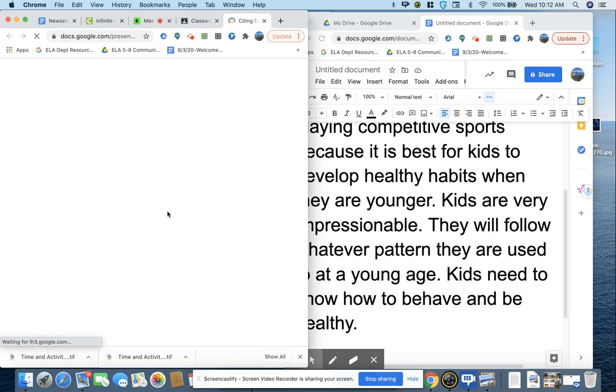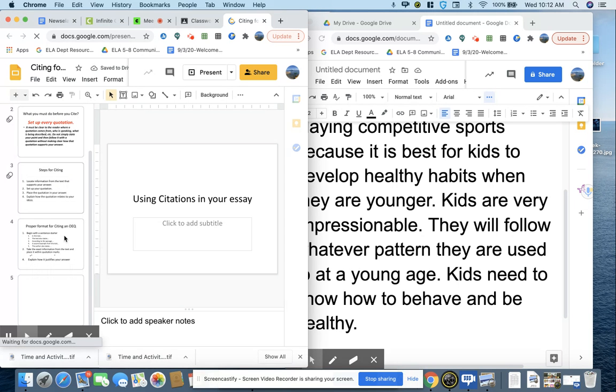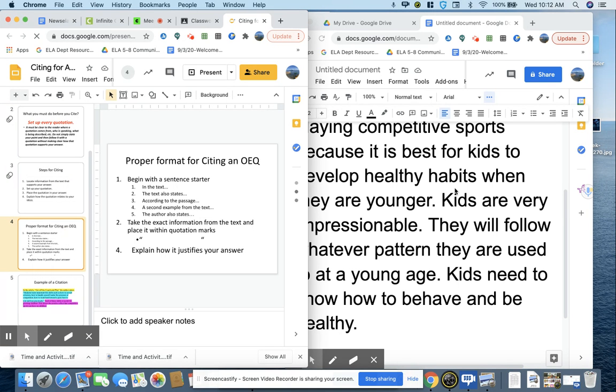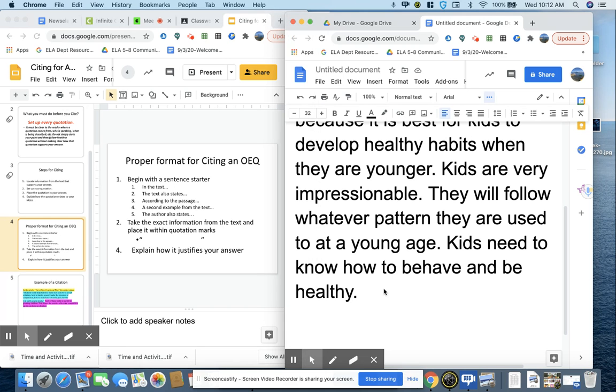The one slide you should use is this one. It tells you how to do it. I have my sentence starter, then I put the quote, then I put how this quote is proving me right. It doesn't matter which starter I use, so I'll go with "In the text," and then I put the name of it.